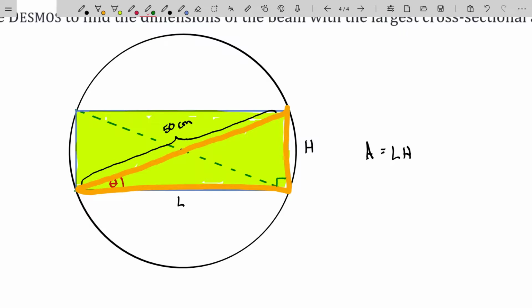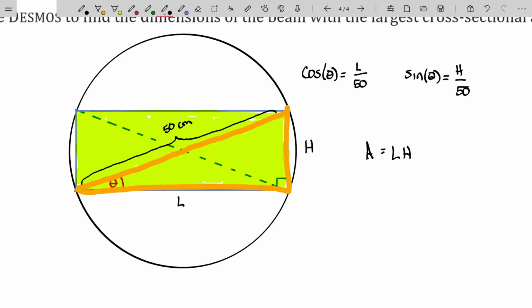So what trig function relates theta to length and that 50? That'd be the cosine. The cosine of theta is adjacent over hypotenuse, and the sine of theta is opposite over hypotenuse.